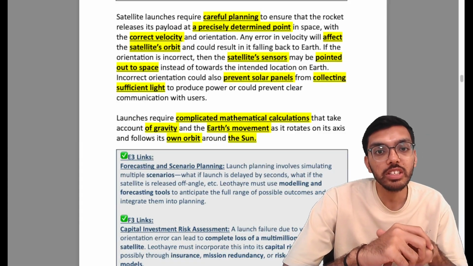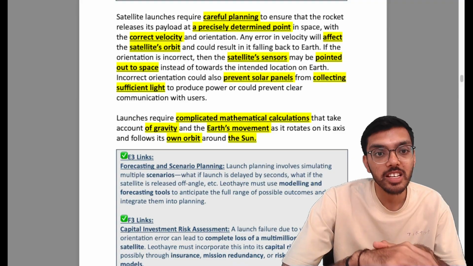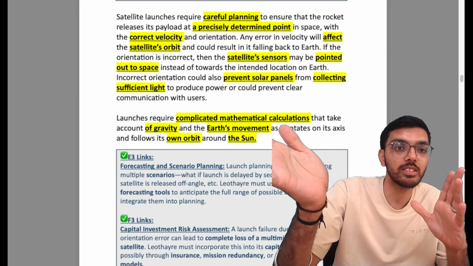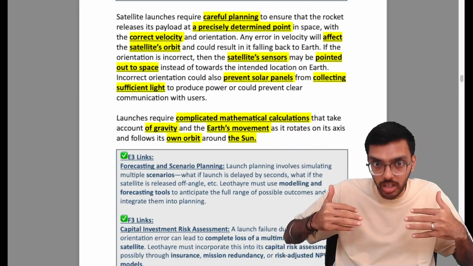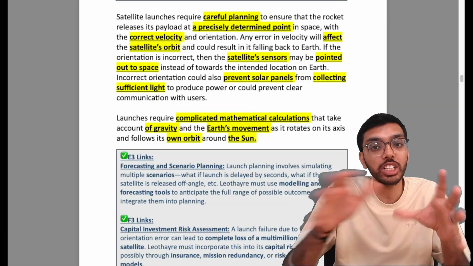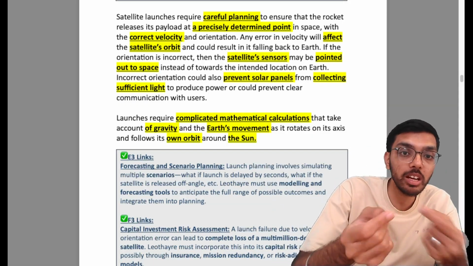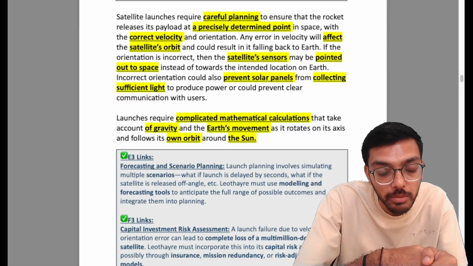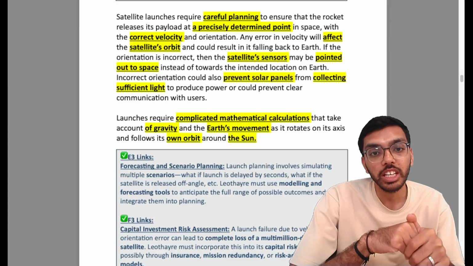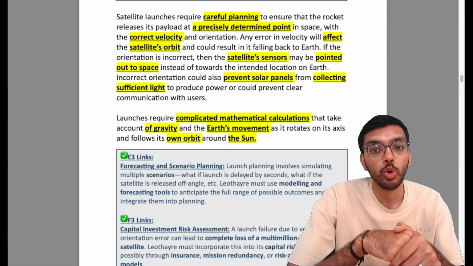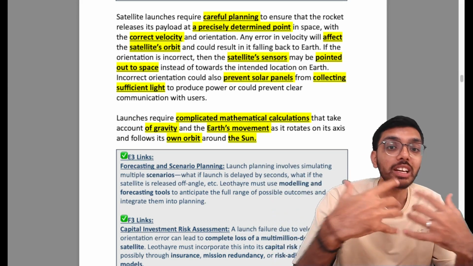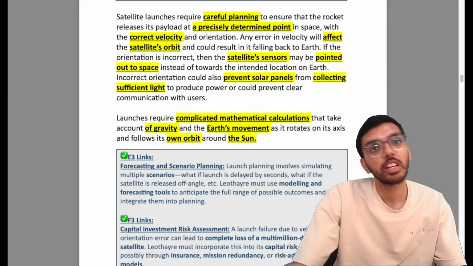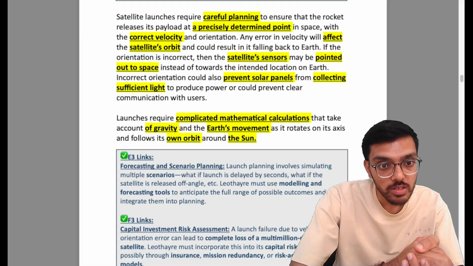If the orientation is incorrect, then the satellite sensors may be pointed out to space instead of towards the Earth, so location will not be possible. Sharing communication data will not be possible. Incorrect orientation could also prevent solar panels from collecting sufficient light to produce power. If power is not produced, the satellite is useless.